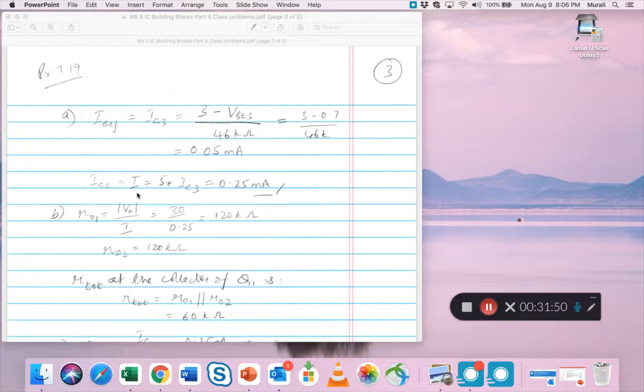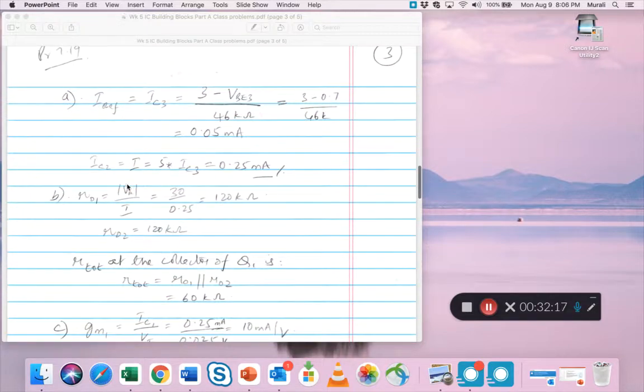Now IC2, as I said, which is the actual constant current I, for a BJT, you have to look at the ratio of the areas, and so 5 times IC3, which is 0.25 milliamps. Okay, 5 times this.